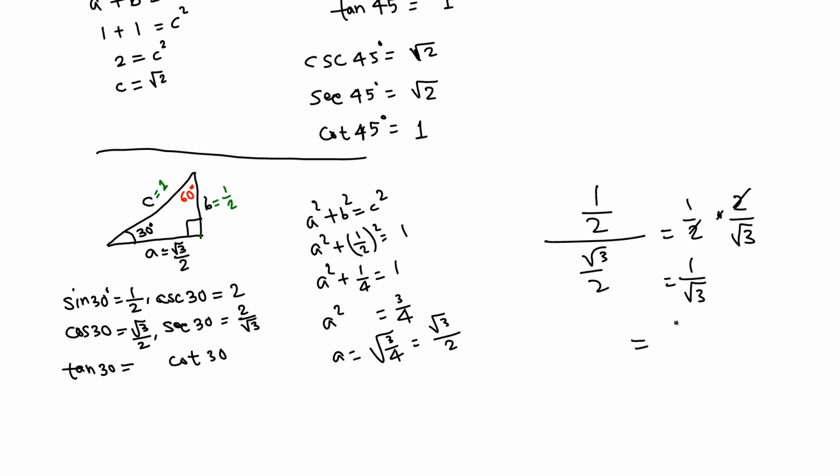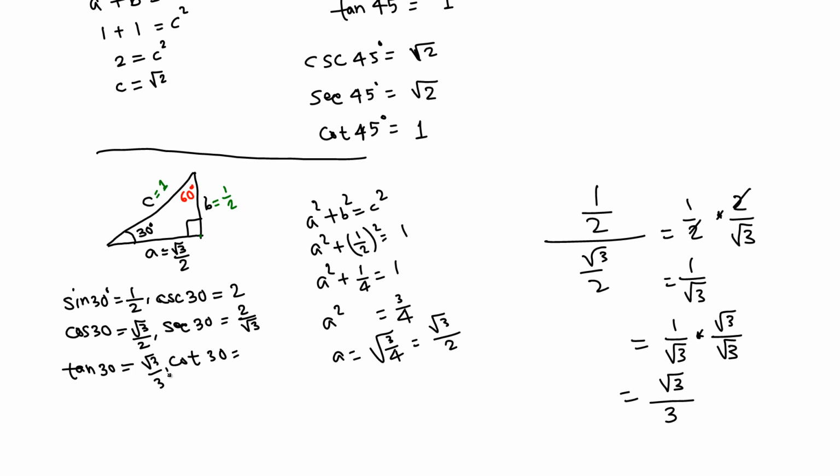Or we can rationalize this, because sine, cosine, tangent values are used most of the time. So I want to rationalize this. So 1 over root 3 multiplied by root 3 over root 3. Then root 3 times 1, root 3 on the top. Root 3 times root 3 is root 9, which is 3 on the bottom. So tangent 30 is root 3 over 3.